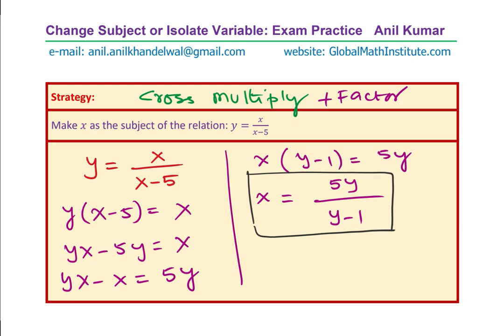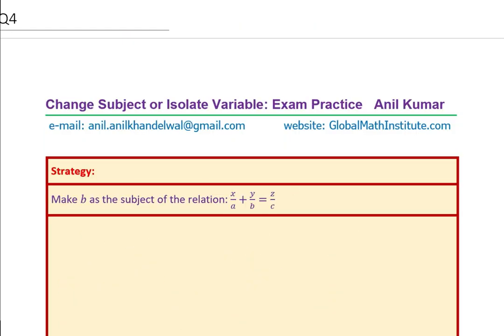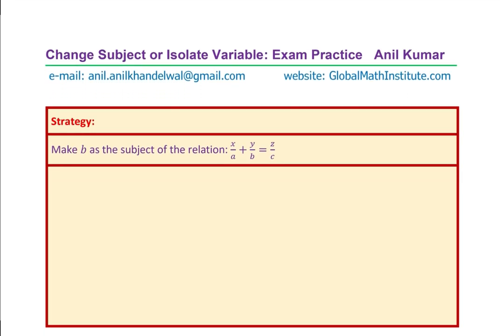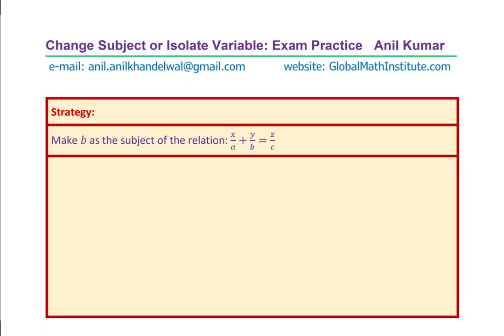Perfect. Now here is another question which relates to similar things. Make b as a subject in the relation x over a plus y over b equals to z over c. Let me rewrite this. We are given x over a plus y over b equals to z over c.